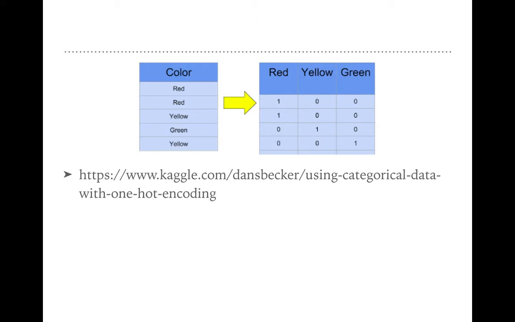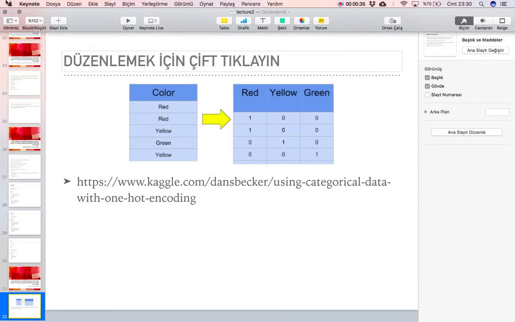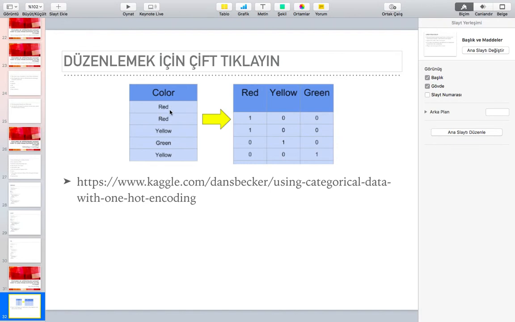and in this image you have a color dataset, and in this color you see three categories: red, yellow, and green.